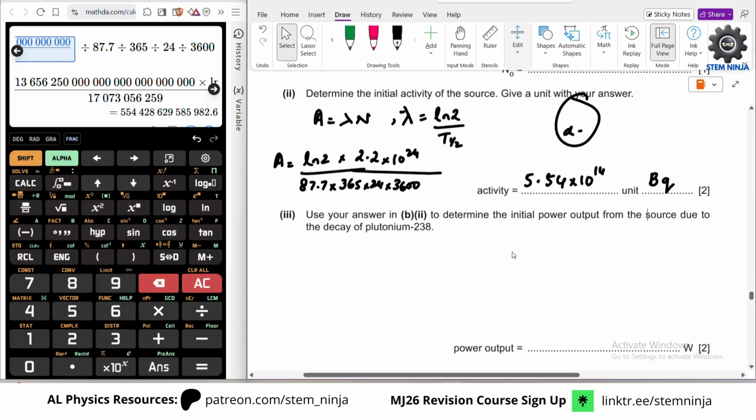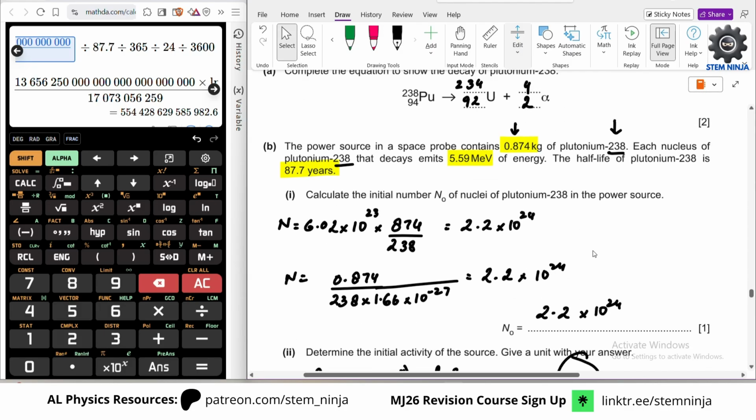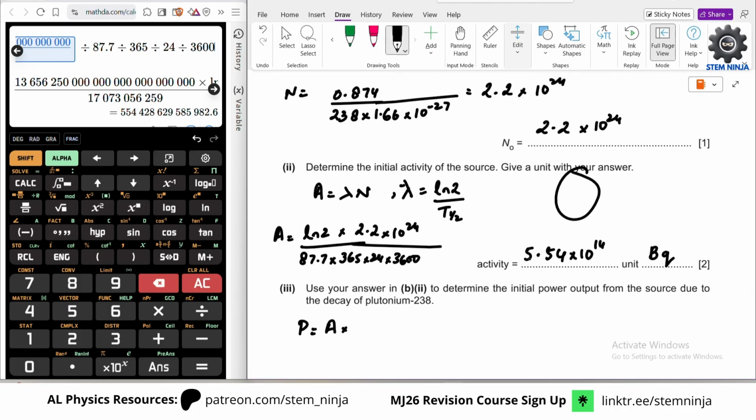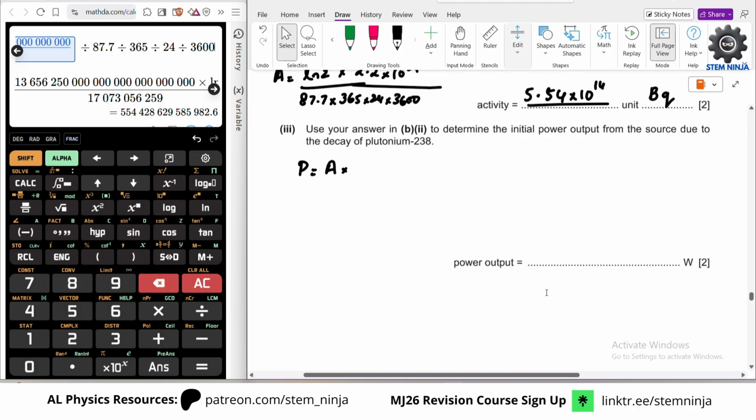So the per unit time aspect of the power will be covered by that. So the power will be activity times the energy of one nucleus. We have this many nuclei decaying per unit time, and we have energy 5.59 mega electron volts.